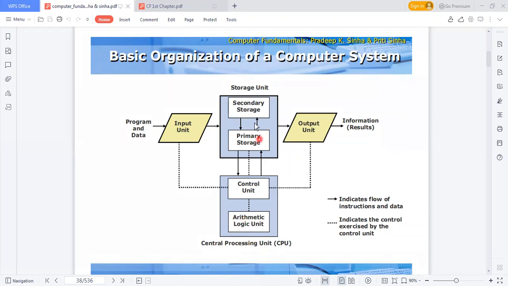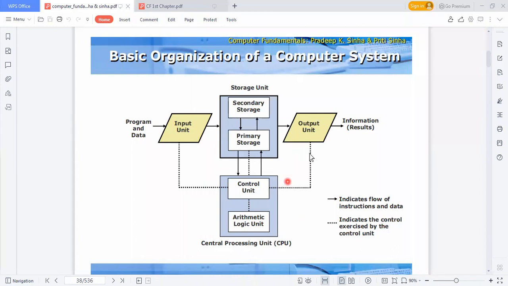After processing data, they will give the result, that means the output unit. Then the whole information comes out as a result. This arrow indicates the flow of instructions and data, and this dot indicates the control exercised by the control unit.